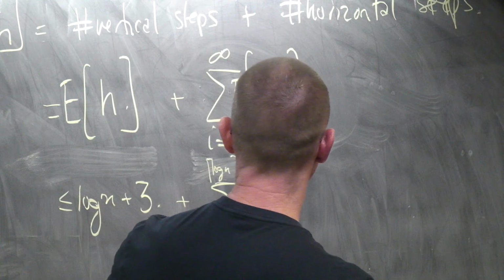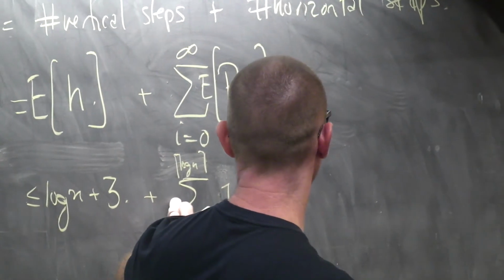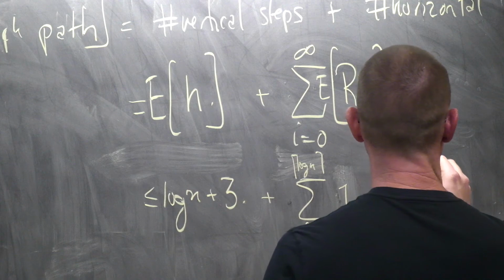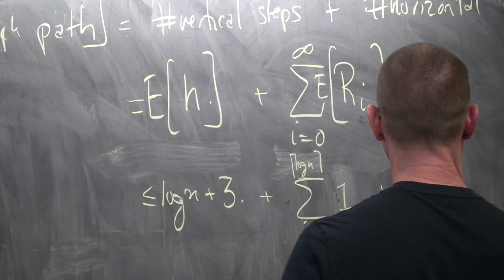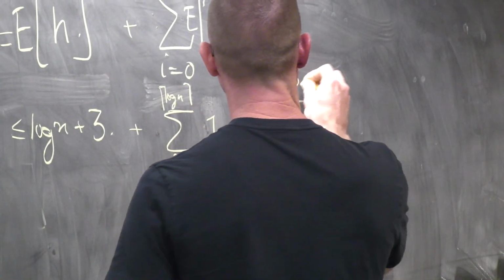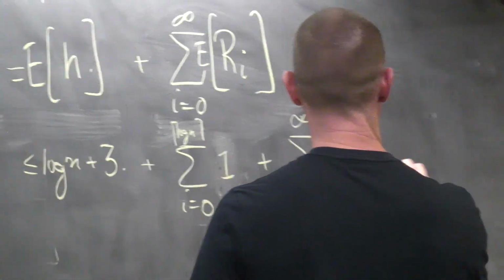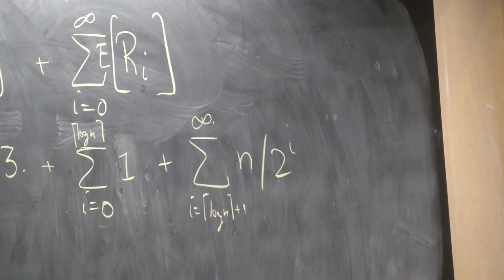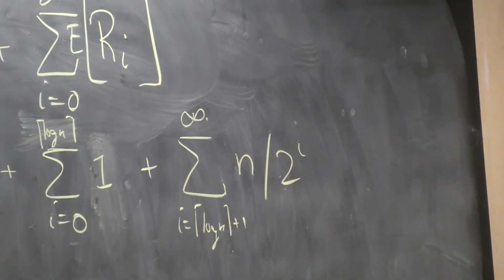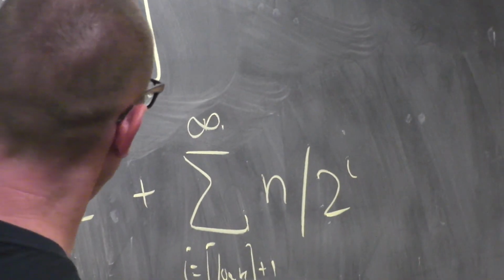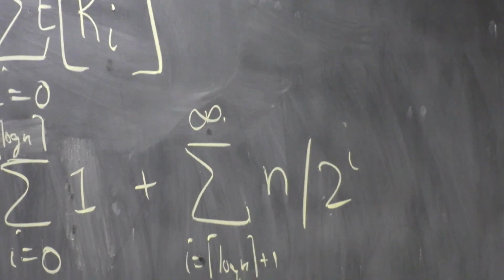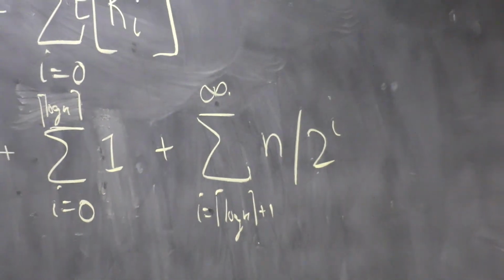For the first part, we use the inequality that the expected value of R sub i is less than or equal to 1. For the second part, we use n over 2 to the I. And unless I got this wrong, this thing here is exactly what we have on the board over there, which we figured was at most log n plus 3.